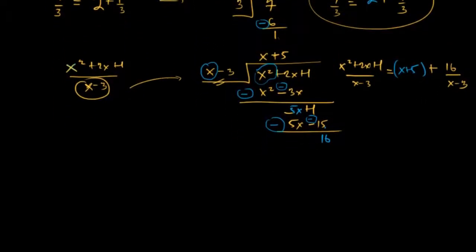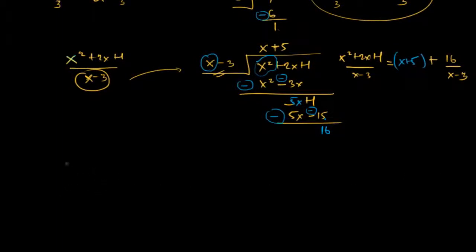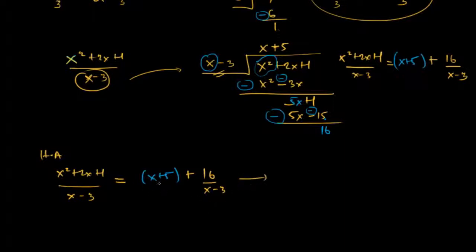So let's now find our horizontal asymptotes. What I have here is x squared plus 2x plus 1 divided by x minus 3, which we've written in a new format as x plus 5 plus 16 divided by x minus 3. The horizontal asymptote is simply the long-term behavior of the rational function.